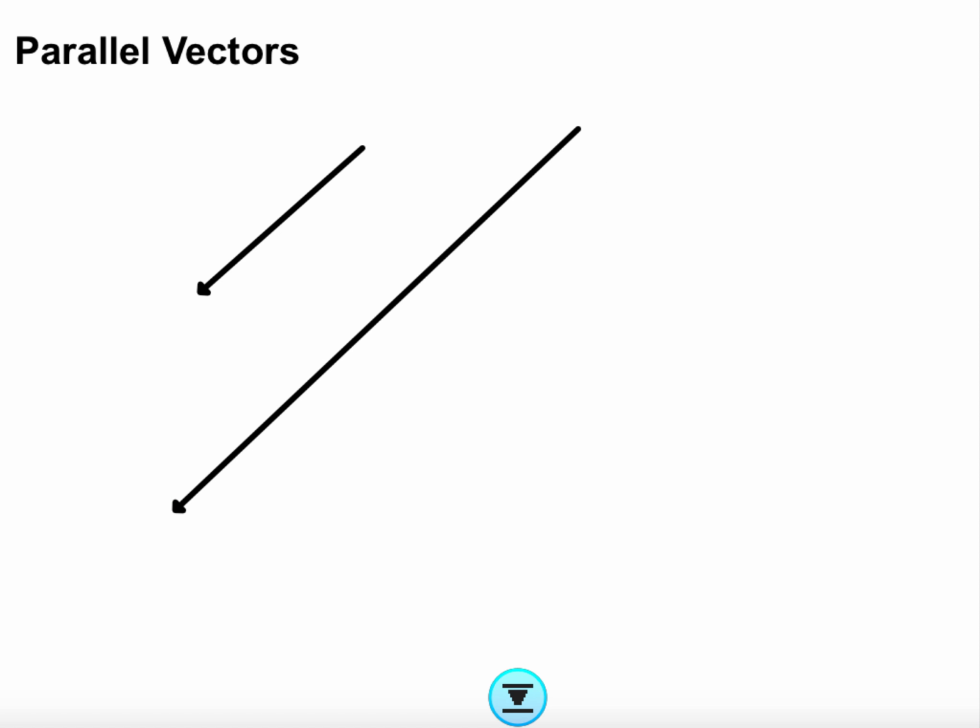And we say that they are scalar multiples of each other. So let's say this is A, and let's say this is B. And let's say A was -3 and -2. And B was -9 and -6.